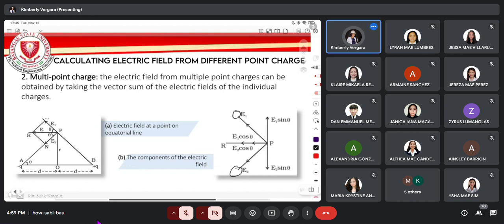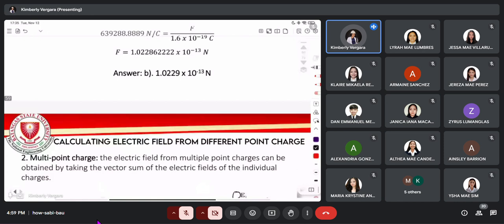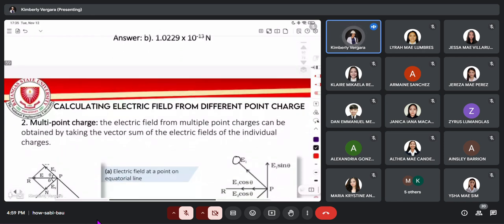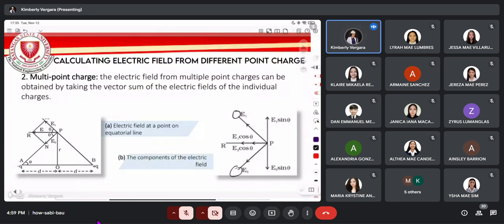Ayan, sorry. Nakamute pala ako. Okay, next. We have the multi-point charge. So, correct naman yung answer ko nito. 1.024 times 10 raised to negative 13 Newton. And then, we have the multi-point charge.